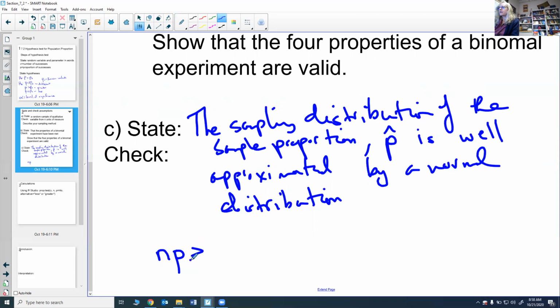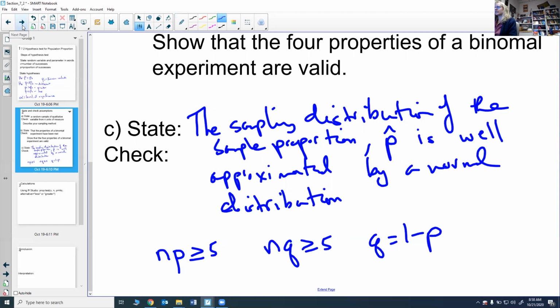And that should be greater than or equal to 5. And then N times Q also should be greater than or equal to 5. And Q is 1 minus P. Basically it's saying you have a large enough sample for the proportions you're dealing with. Okay. So those are your 3 assumptions for a proportion test.